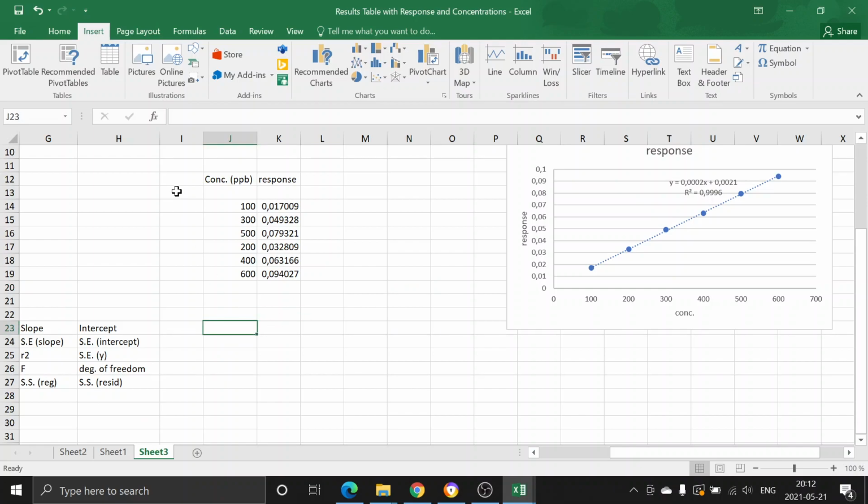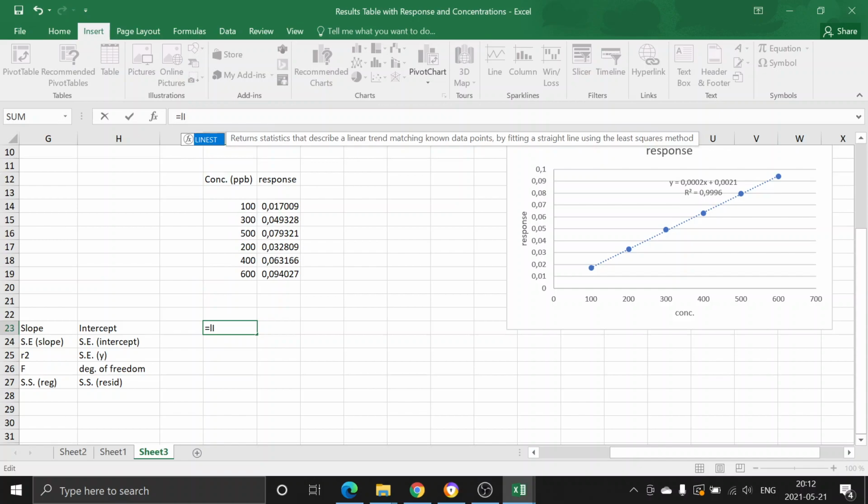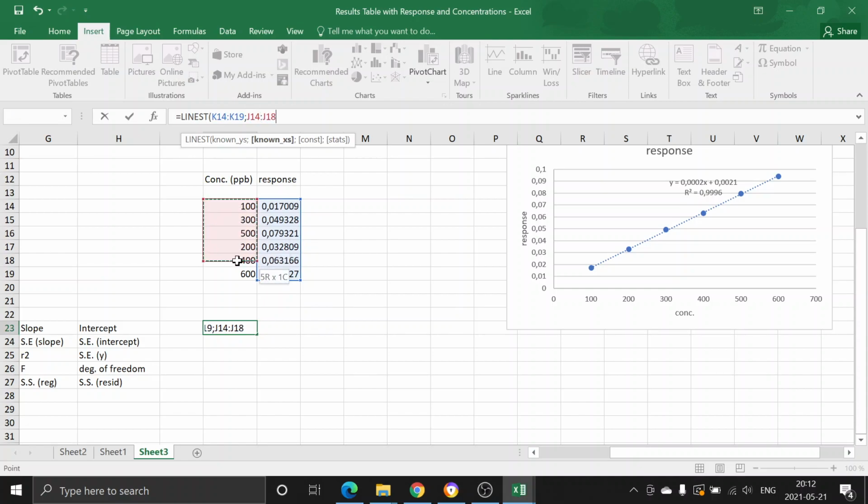So I will go to a cell, and I will say enter, and then I will say LINEST. Then I should select the known y values, which will be our response values, and then I say semicolon, and then I choose the x values.